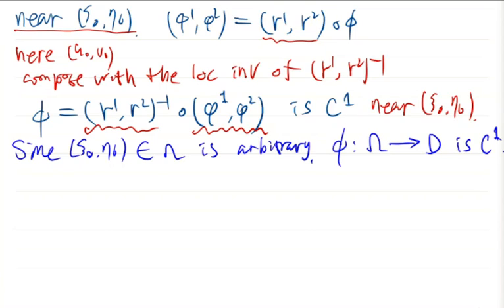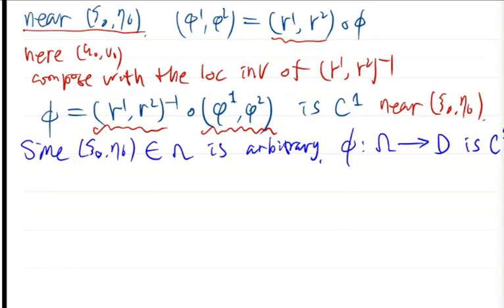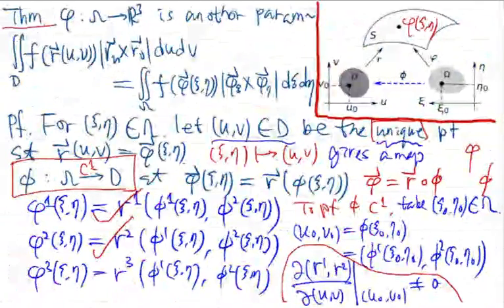And it is also bijective. We know that it is bijective. Okay. Why is it bijective? Go back to the picture. Given any point in omega, we have exactly one point on the surface.